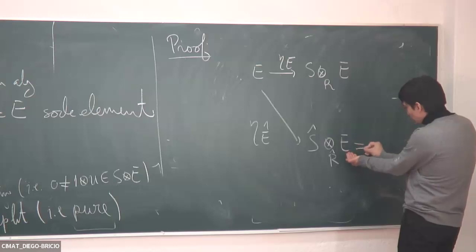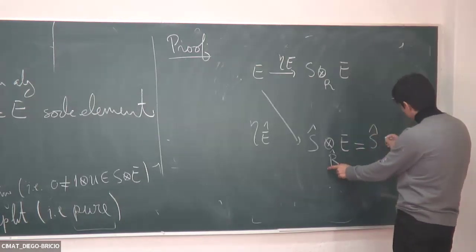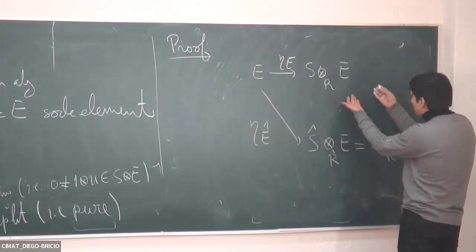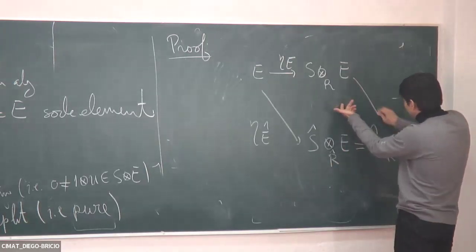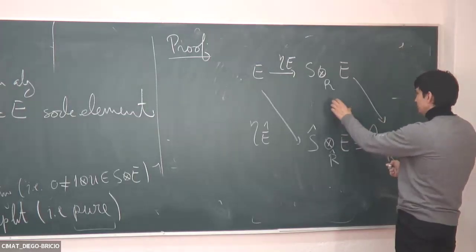Look. I can just drop the R hat from here because of what I just said. And under this identification, this map here is just what you think it is.